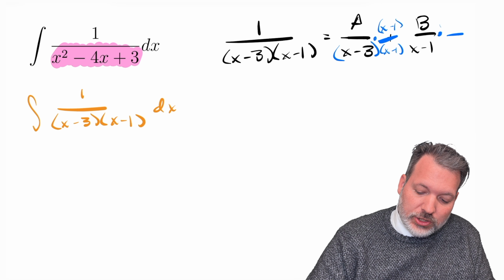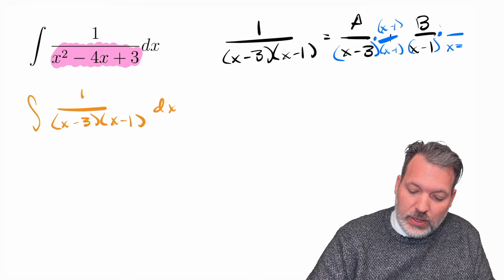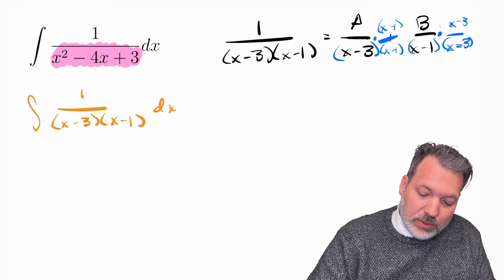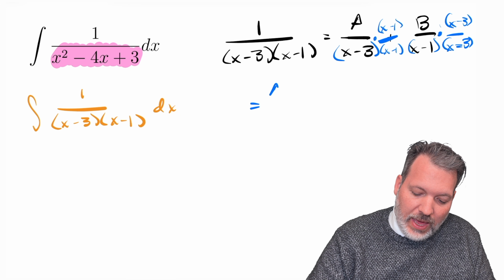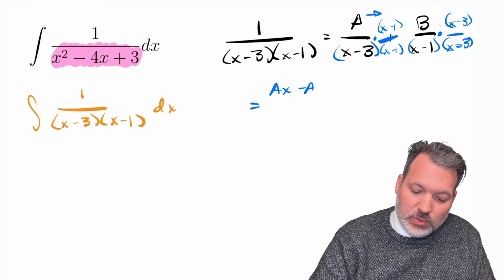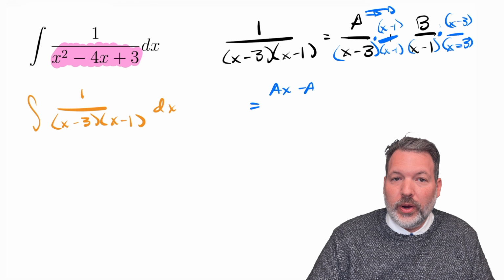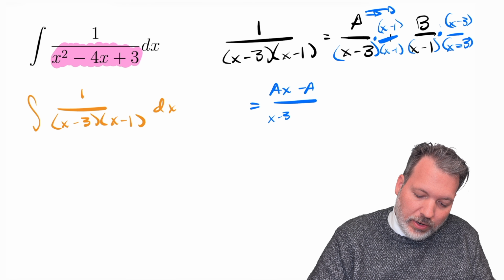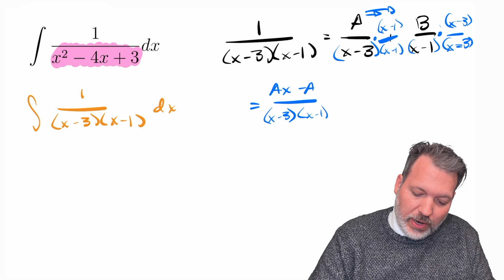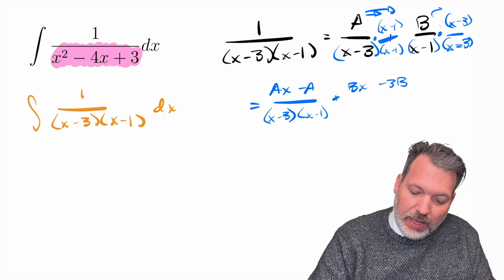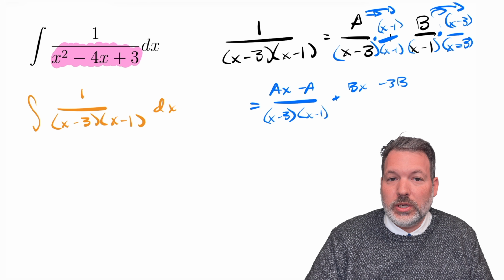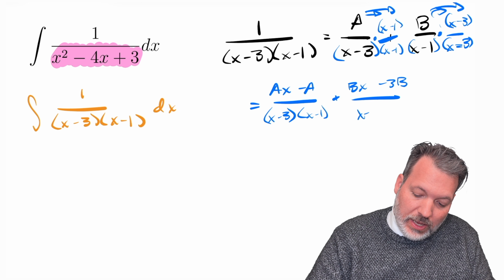This second fraction needs the x minus 3 in the denominator, so let's multiply it by x minus 3 over itself. What that gives us is ax minus a, as we distribute this a here in the numerator, over the common denominator of x minus 3 times x minus 1, plus bx minus 3b, again coming to us from some distribution here, over the same common denominator, x minus 3 times x minus 1.